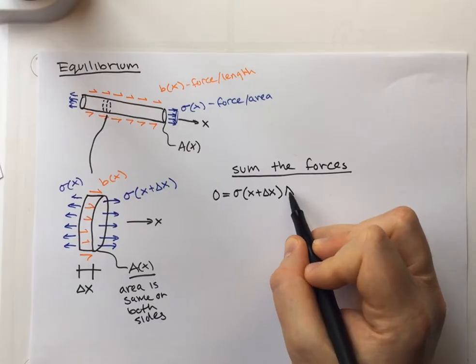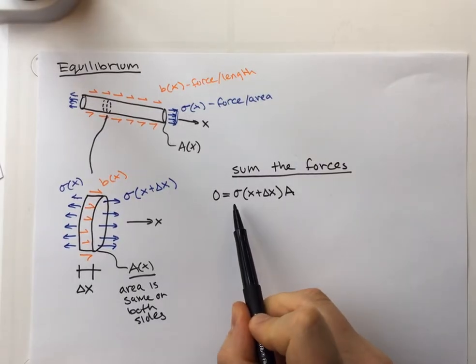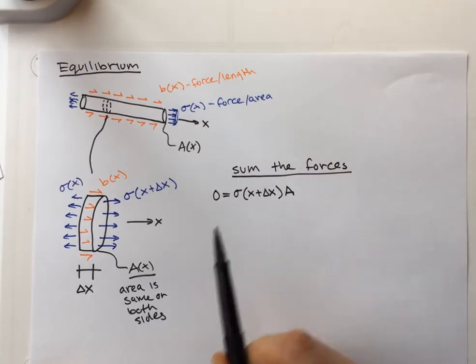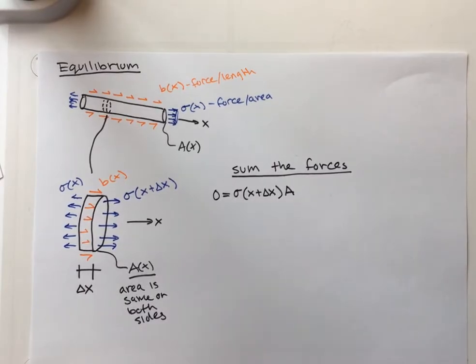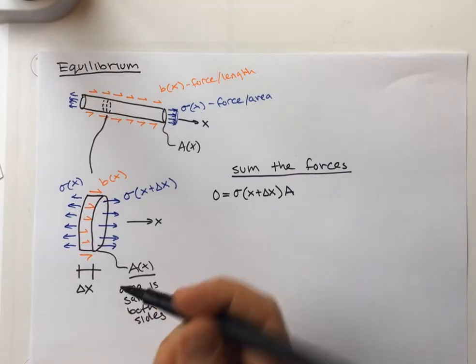So I'm going to call that A. So now this is a force, right? Sigma of x plus delta x times A. That's a stress times an area, so that'd be a force. Okay, and it's going in positive x.